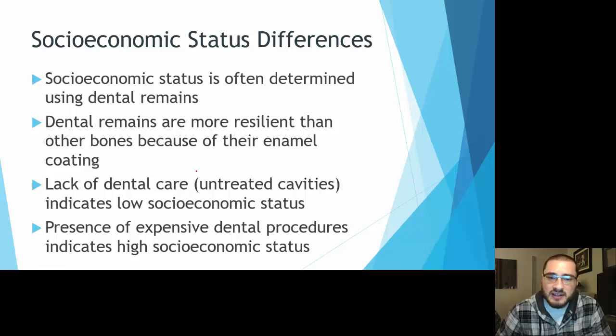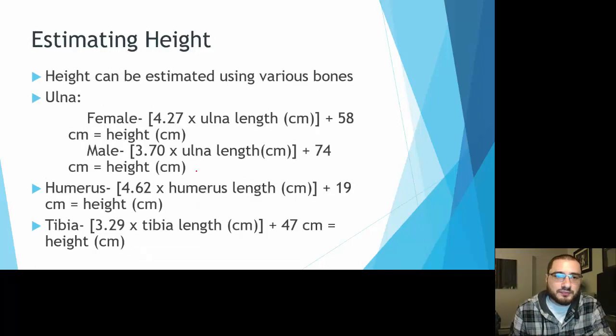If they had a lot of cavities that were untreated, unfilled, that's going to indicate low socioeconomic status, and someone that possibly struggled with finances. So by looking at those dental remains, you can come up with an idea of whether they were low, maybe middle, or maybe upper socioeconomic status.